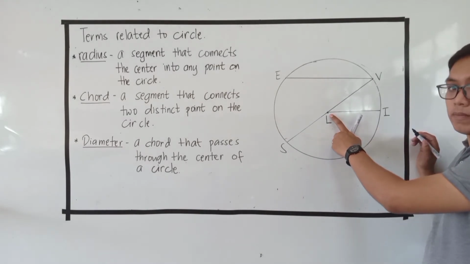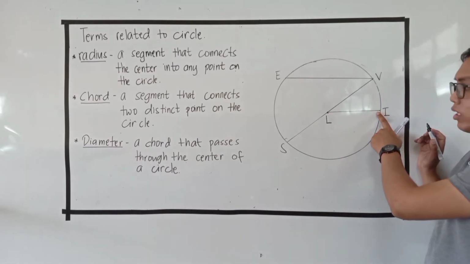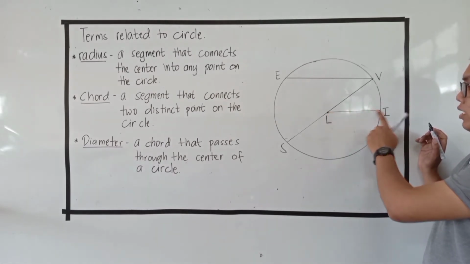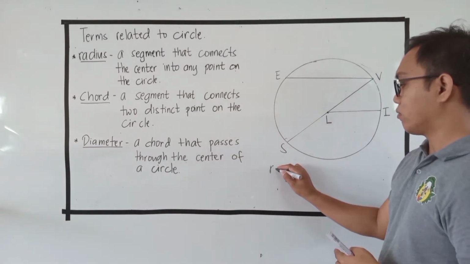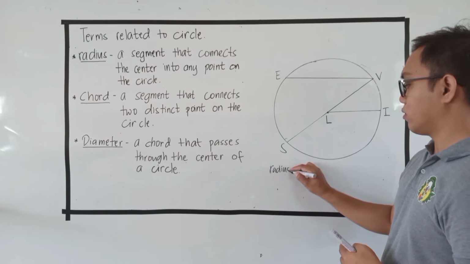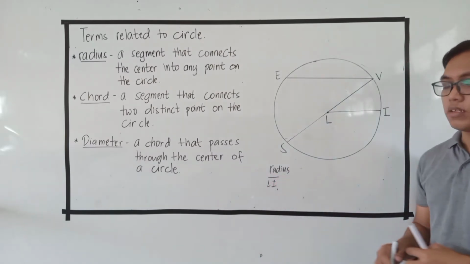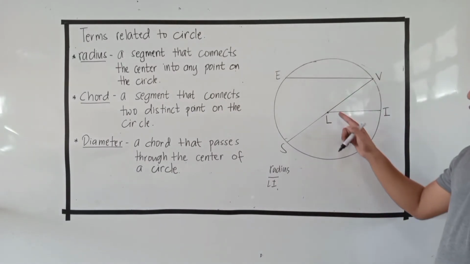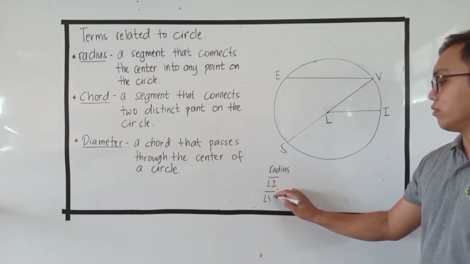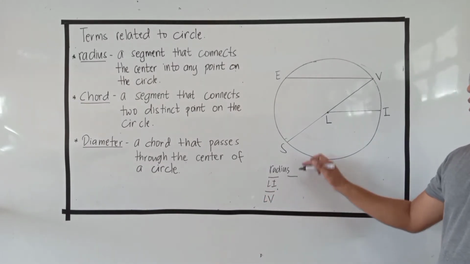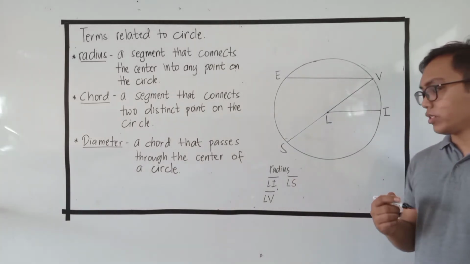Our center is L. From the center going to any point of the circle, we can say that line segment LI is a radius. Aside from line segment LI, we can also have LV, line segment LV, and line segment LS. Those are examples of radius.